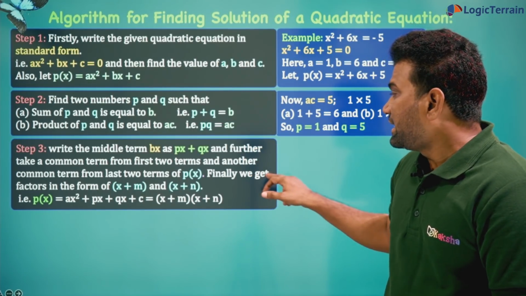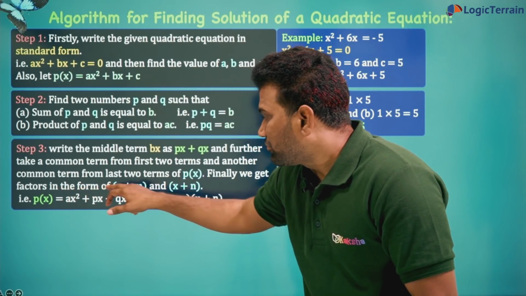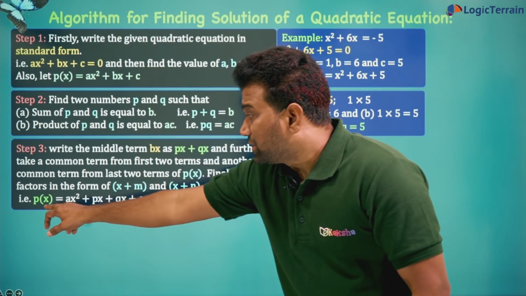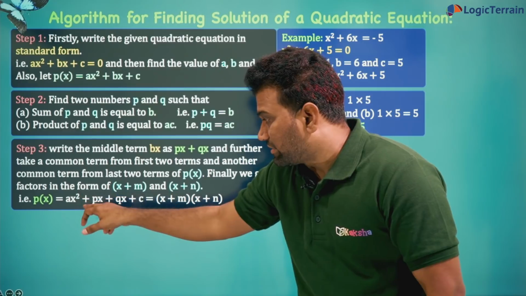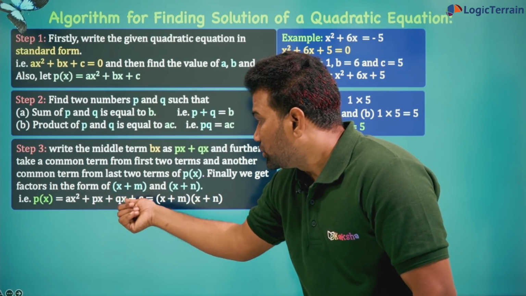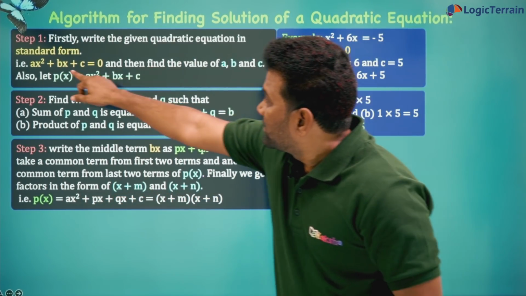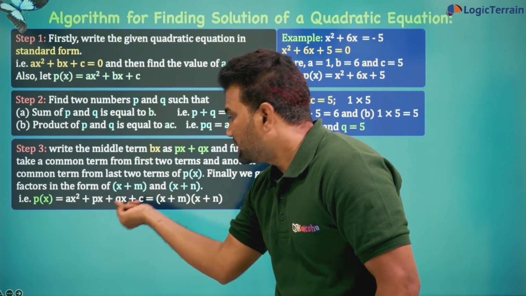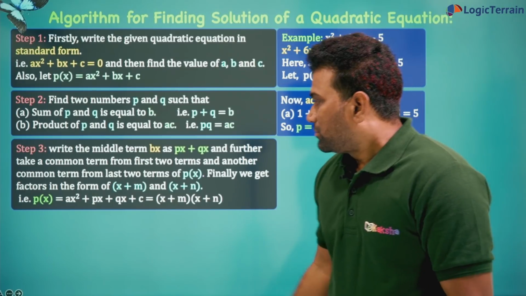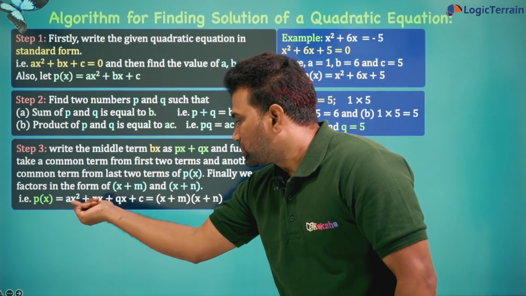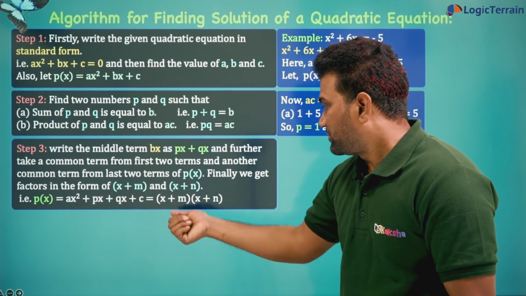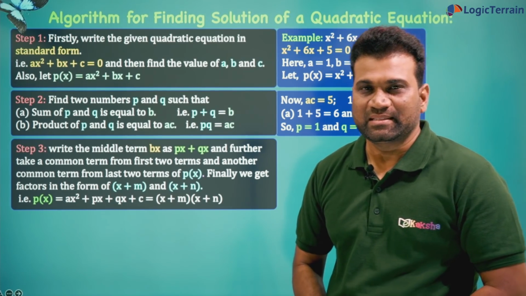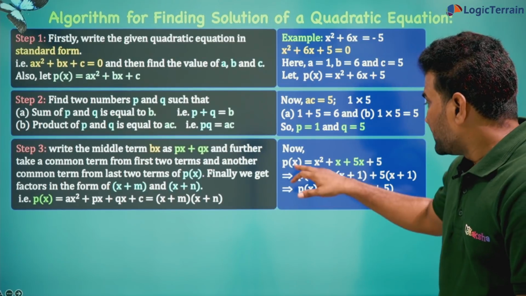Finally we get factors in the form of x plus m and x plus n, that is p of x is equal to ax square plus px plus qx plus c. You can see in place of bx, we split bx into px plus qx. By taking common from the first two terms and the second two terms and further simplifying, we will get x plus m into x plus n.